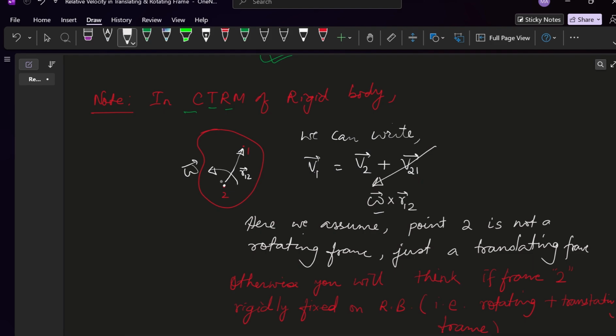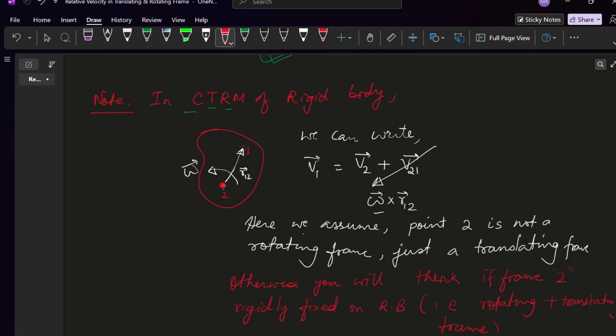Yes. Now tell me, in writing this, do we assume that point 2 is a rotating frame? Do we assume? No, we don't assume it. We don't assume this observer to be rotating. If we assumed this observer to be rotating, we couldn't write the velocity of 1 observed by 2 as omega cross r12.